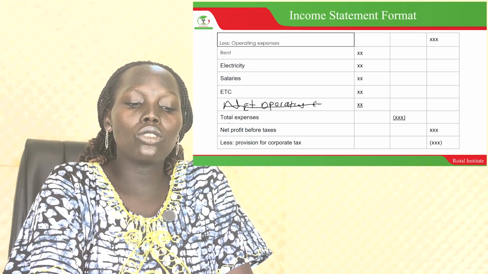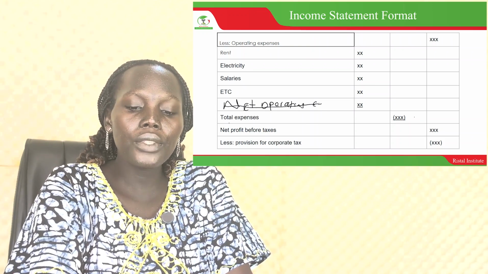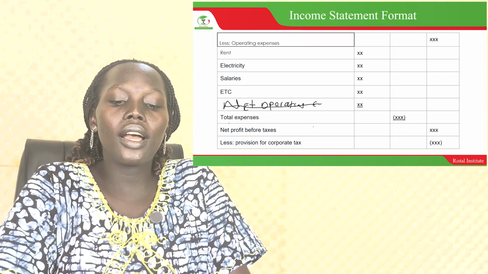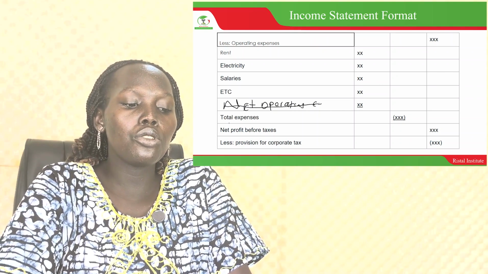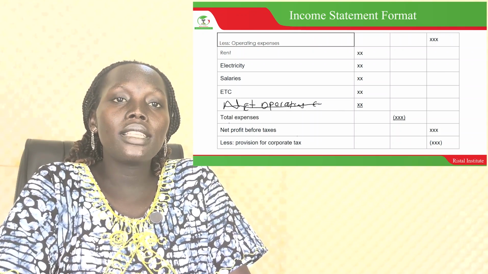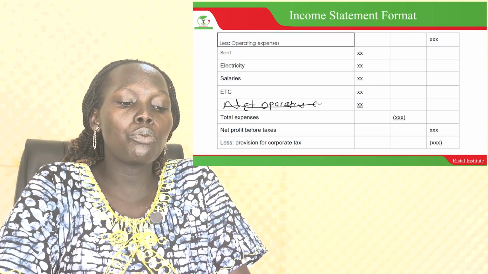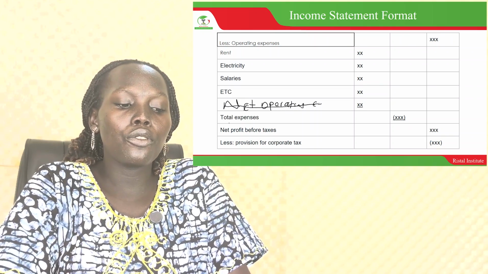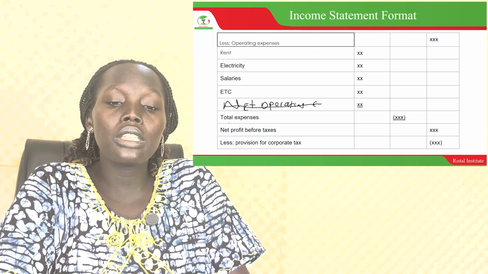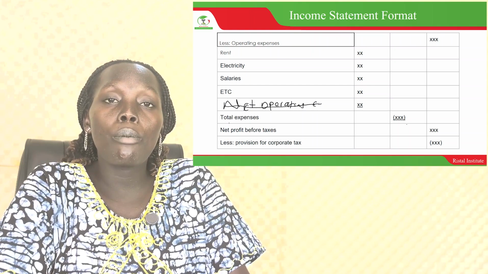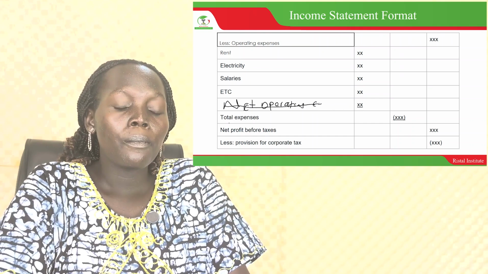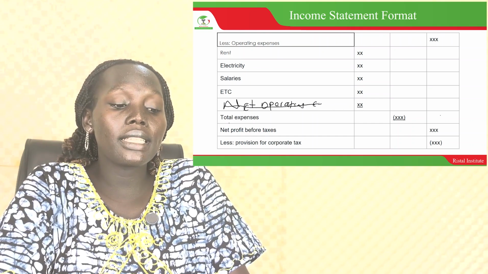After getting the total expenses that we have, you get the net profit before taxes. What is the net profit? You get the net profit before taxes if you subtract the operating expenses, the total operating expenses, from the gross profit.